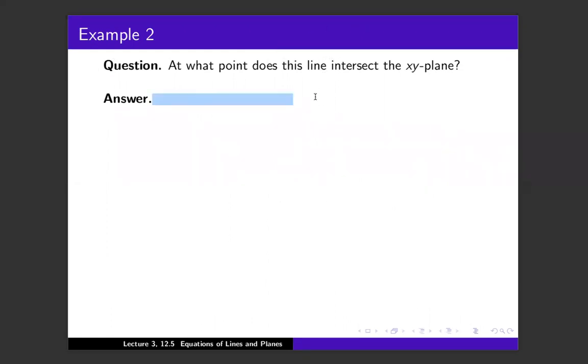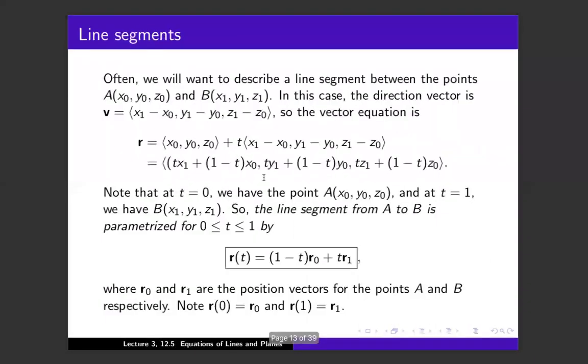So let's keep going. Now, by the way, sometimes it's useful to have a way of parameterizing just a line segment. And doing that's actually quite simple. If you're working with a line segment, then all you really need to do is consider x naught, y naught, z naught for one point on the line segment. On the opposite point of the line segment, we'll call that x1, y1, z1.